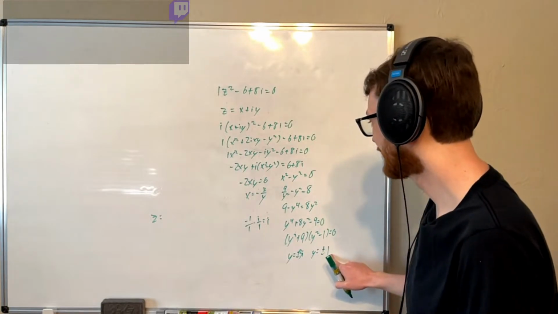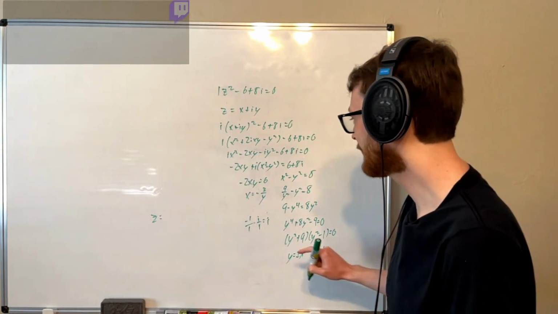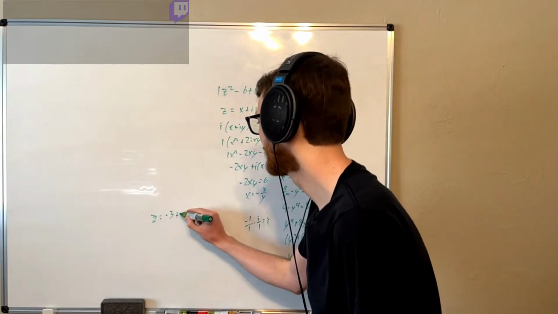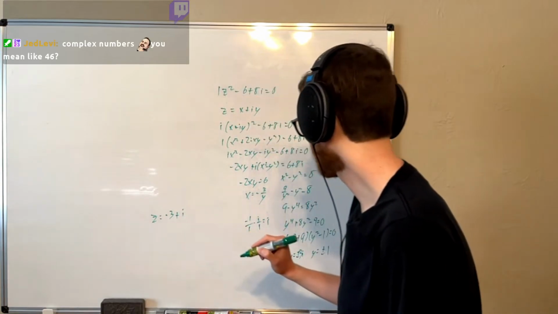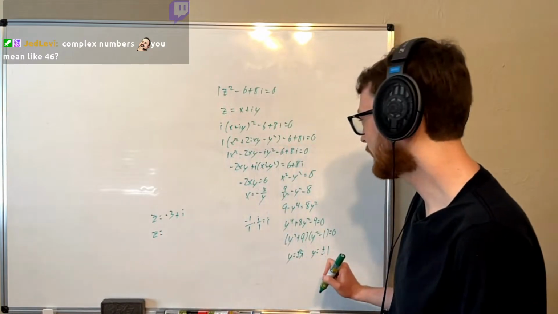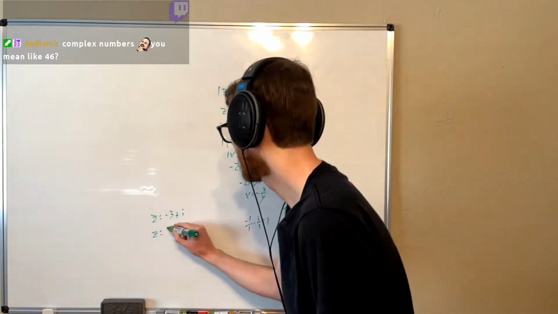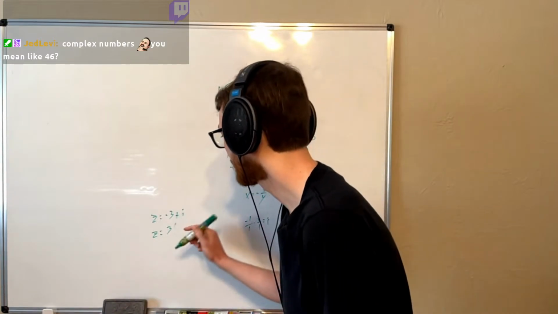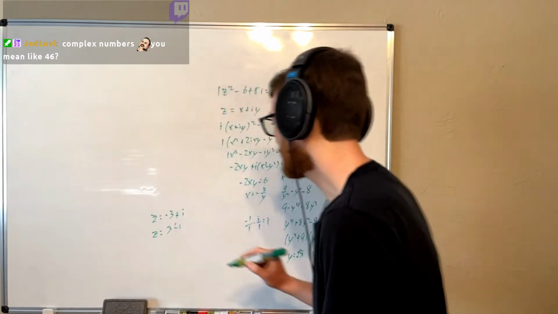Interesting. Anyway, if y is positive 1, then x is negative 3. So negative 3 plus i. And then if y is negative 1, x is positive 3. Is that what Wolfram said?